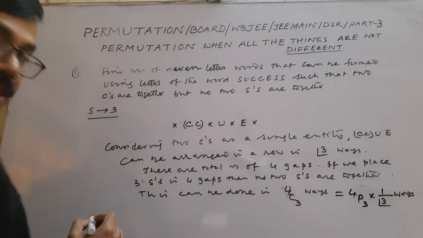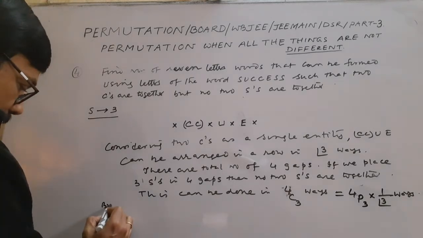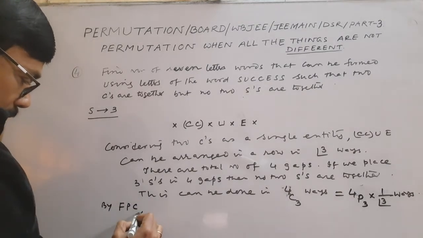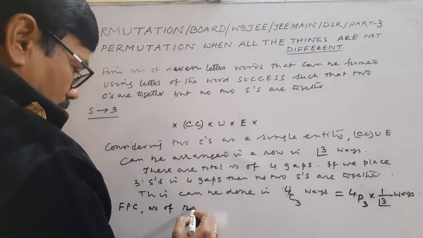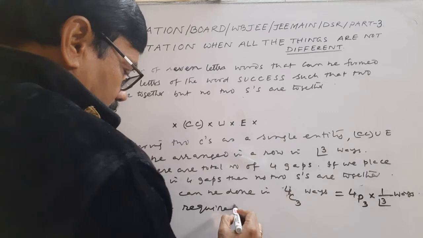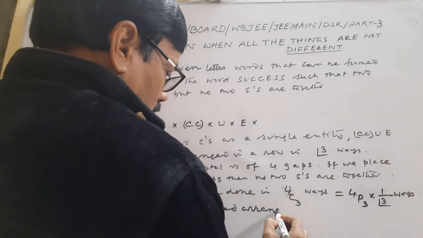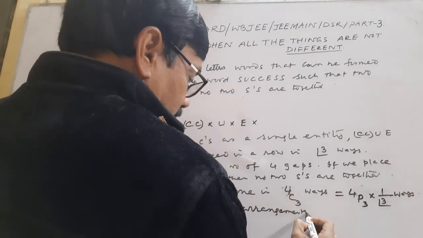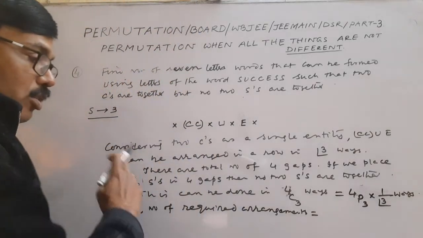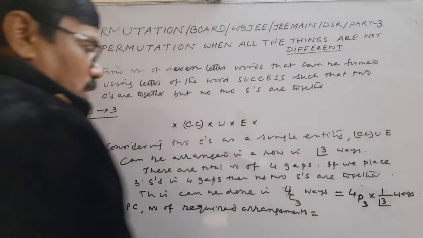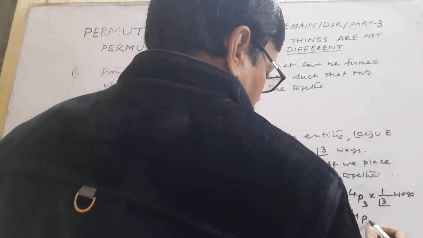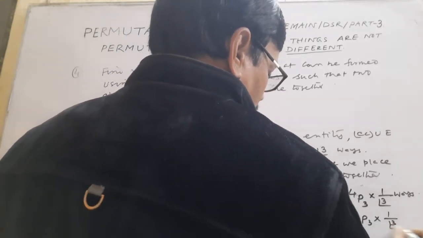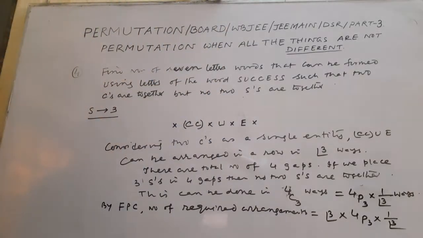So, by FPC, the number of required arrangements, that is, the C's are together but no two S's are together, equals factorial 3 into 4P3 into 1 by factorial 3.